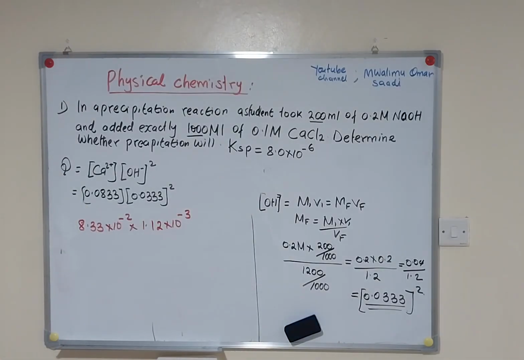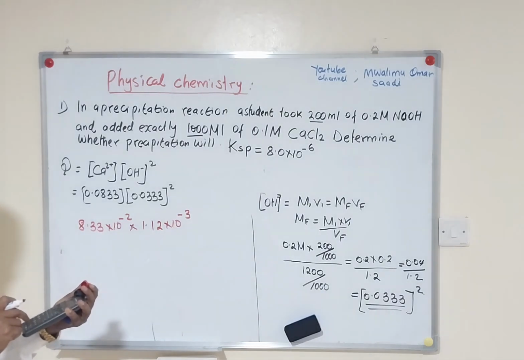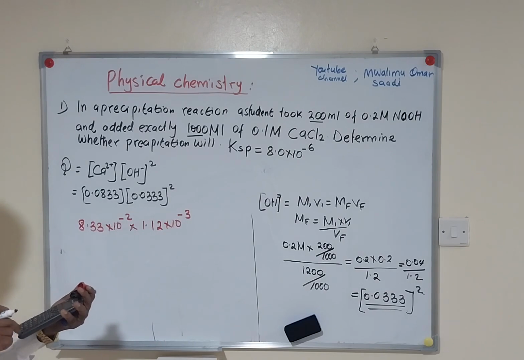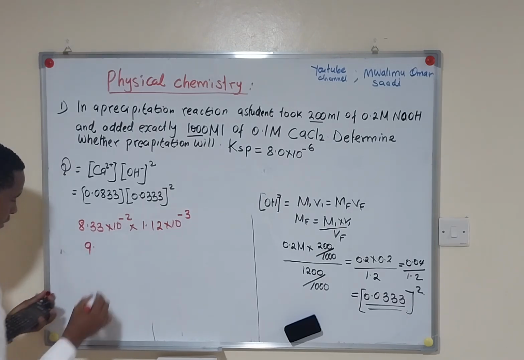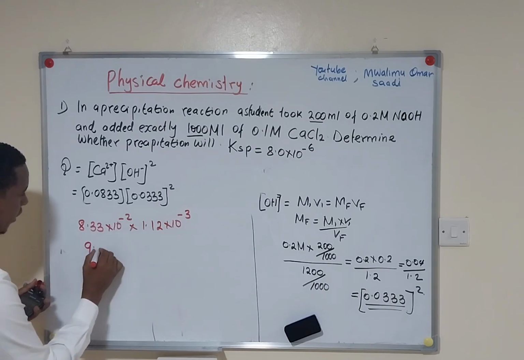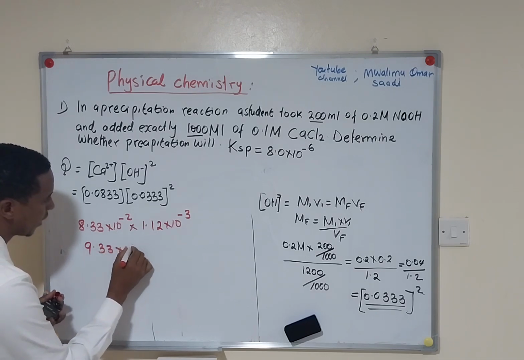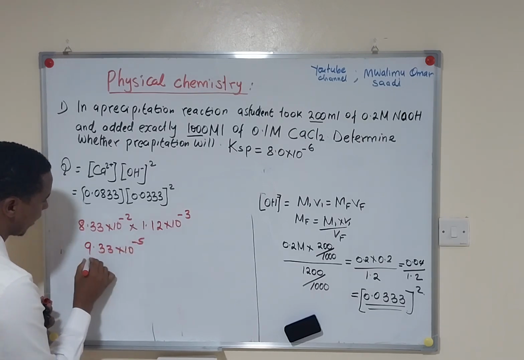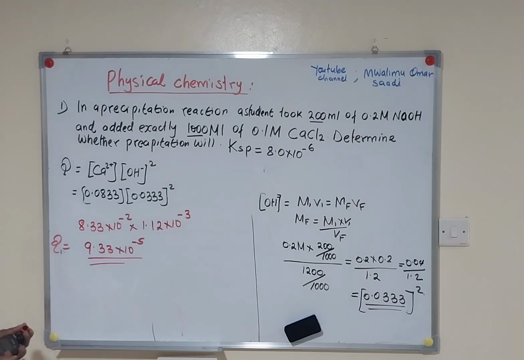So let's multiply that: 8.33 times 1.12 is equal to 9.33 times 10 raised to the power negative 5. So this is our reaction quotient.